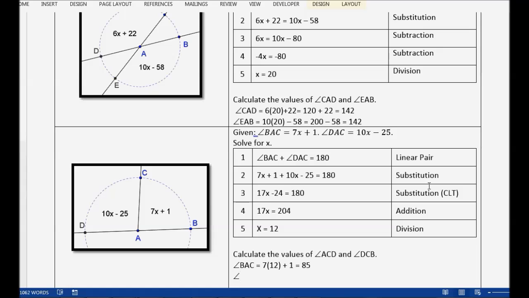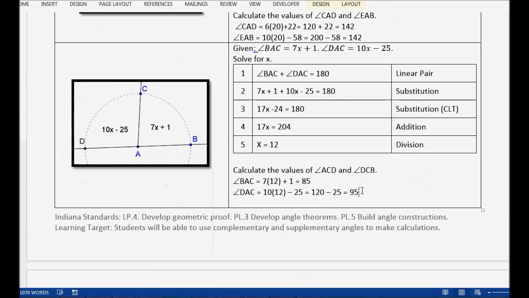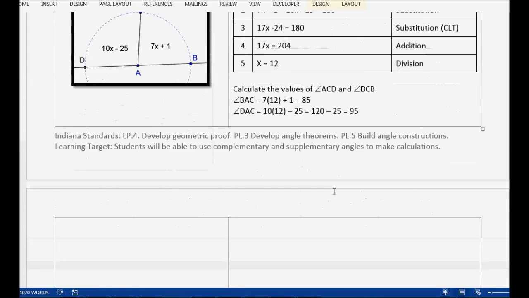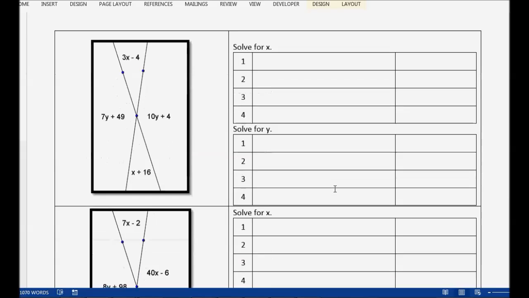And angle DAC is 10 times 12 minus 25. So that's equal to 120 minus 25, or 95. That checks out. 85 plus 95 is 180 degrees.